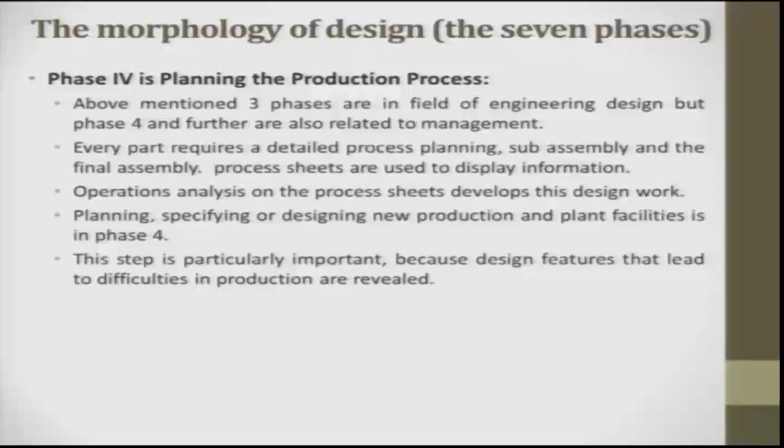Next is, as I said, planning the production process. Because now that you have fixed the engineering specification and engineering design constraints, you look for manufacturing processes. By the way, manufacturing can also go back and say, oh, this is not possible, we cannot make this design. Can you make an oblong shaft instead of a circular shaft?